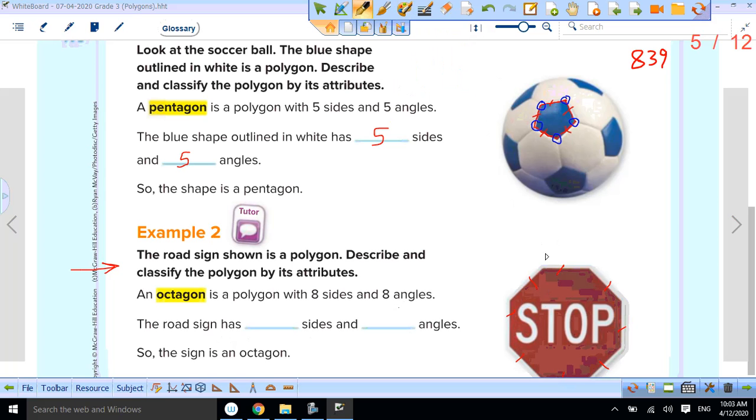How many angles? 1, 2, 3, 4, 5, 6, 7, 8. So it has 8 sides and 8 angles. So the sign is an octagon.